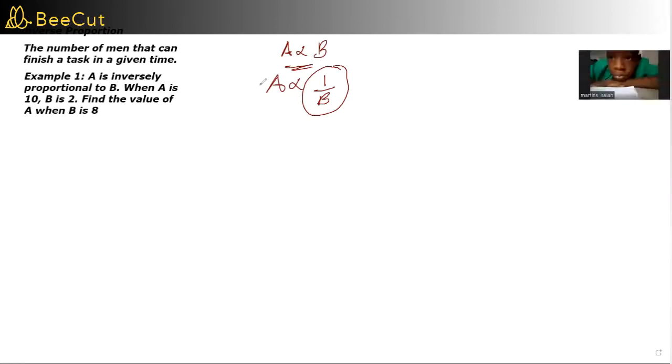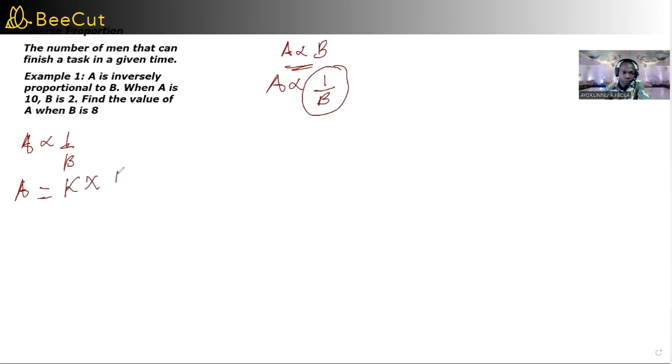So here now, this relationship is going to be A varies inversely as B. If A varies inversely as B, I have A equal to the same constant we introduced, K, times the inverse of B. So A equals K times 1 over B. Here I want to find my constant.